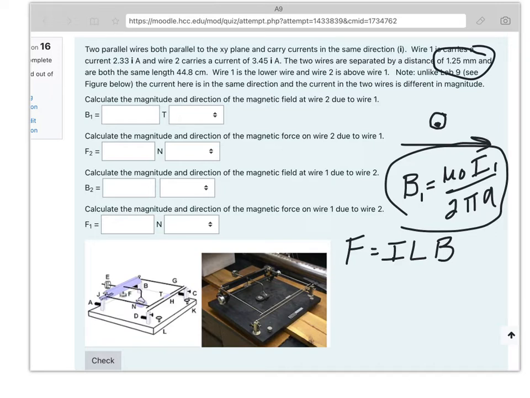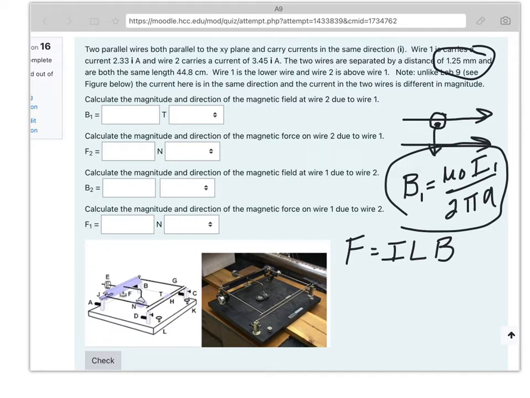But since the current in wire 2 is also in the i-hat direction, and the field is coming out of the page, if we use right-hand rule number 1, this is the force rule, right? So I point my index finger in the direction of the current. I have to point my fingers coming out of the screen. You've got to turn your hand, and how does my thumb point? My thumb points down. Make sure you can follow that. So the force is down.